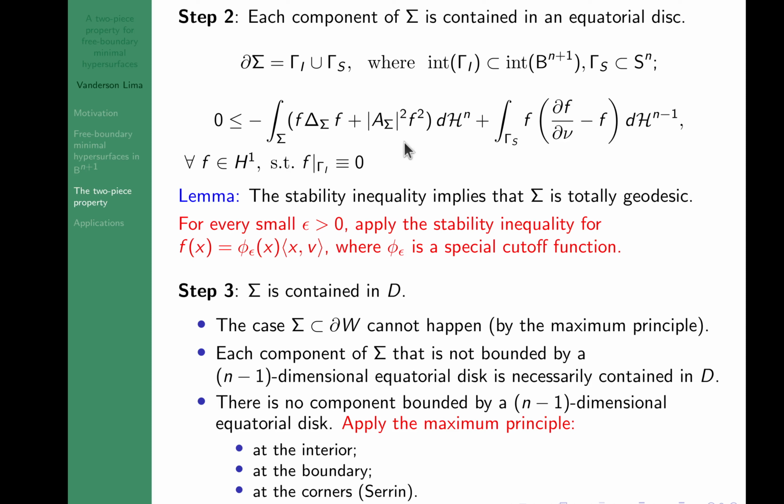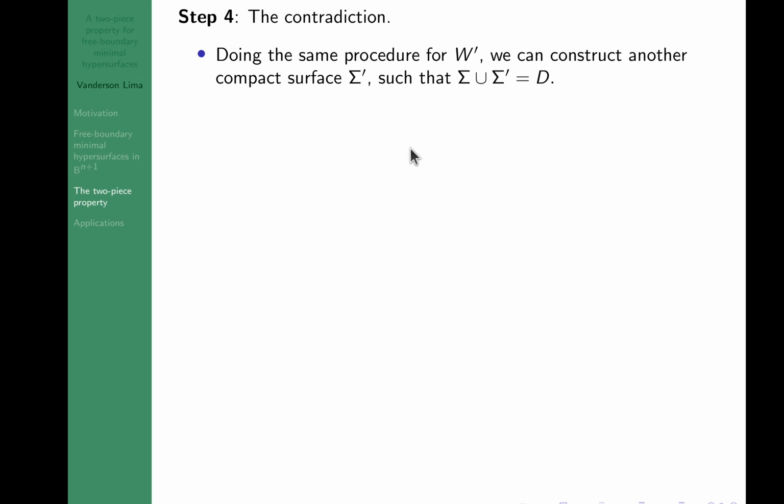And so that's why I need to use the maximum principle, right? And the first point of contact, I don't know if it happens at the interior, the boundary, or the coordinates. That's why I need the three versions. So okay, what is the idea now?